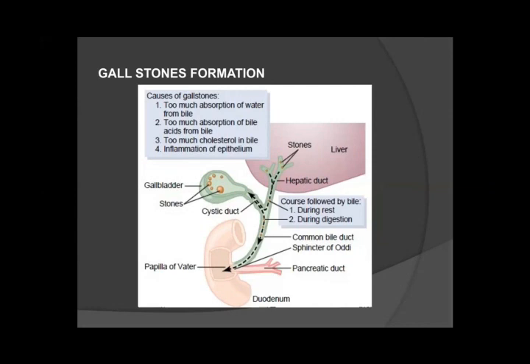Third, too much cholesterol present inside the bile. Or fourth, inflammation of the epithelium inside the gallbladder. These are all factors or causes that can start the formation of gallstones. Next, we'll look in detail at how these factors further carry the process ahead.